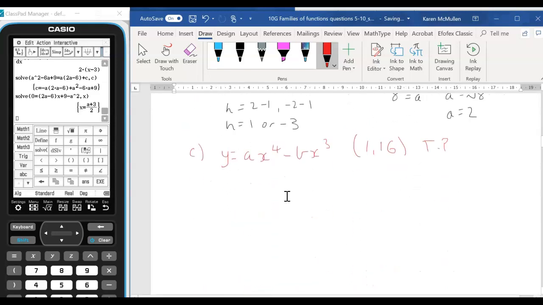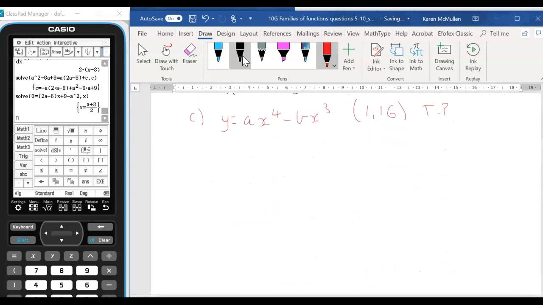So for the first equation, we're just going to sub in 1, 16. So 16 equals a minus b, when we substitute 1. So that's one equation.